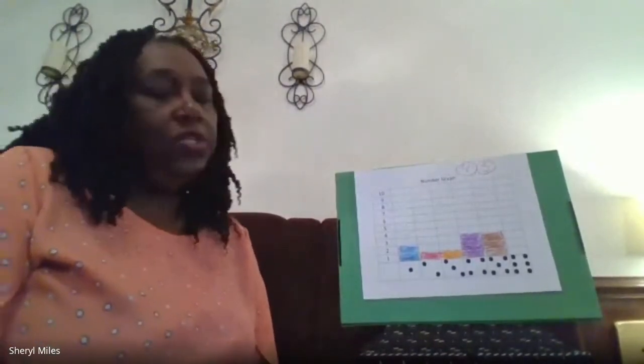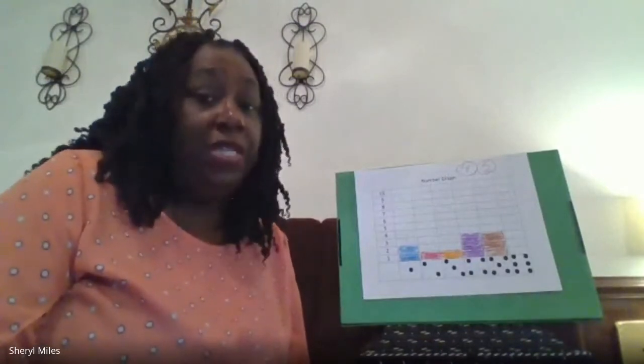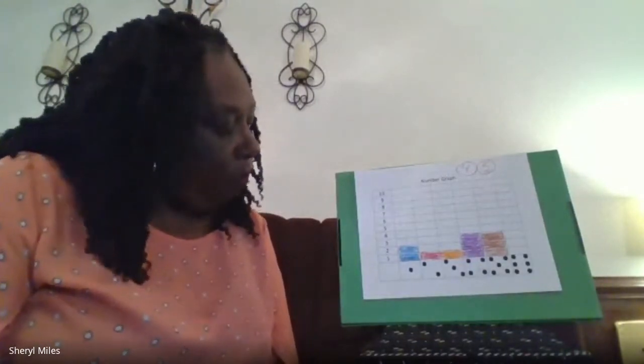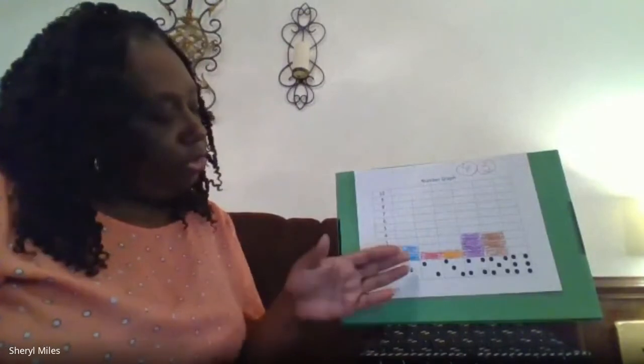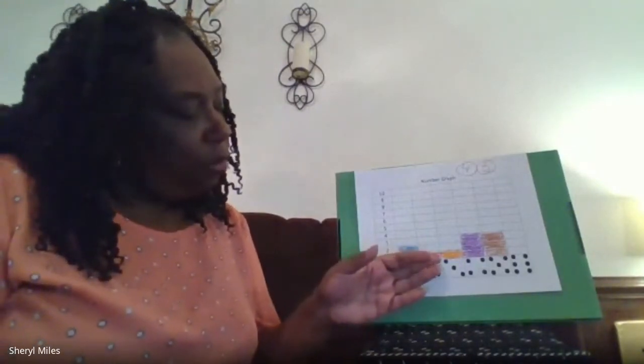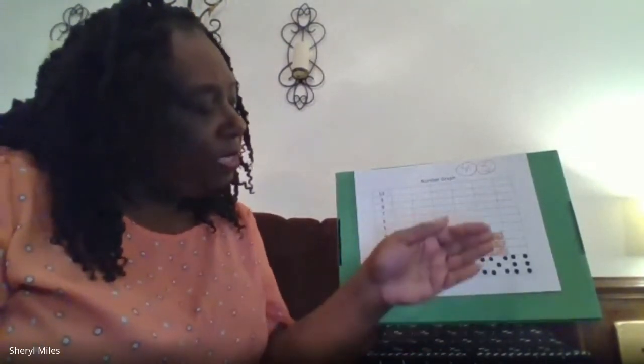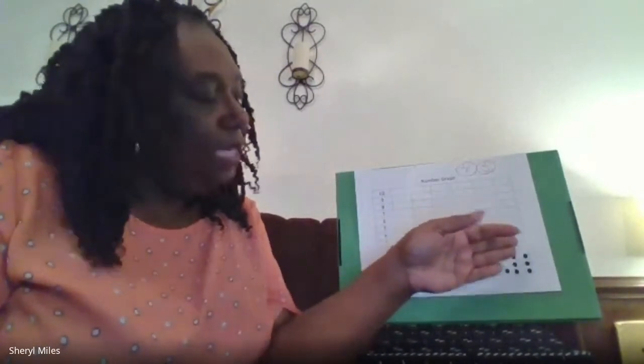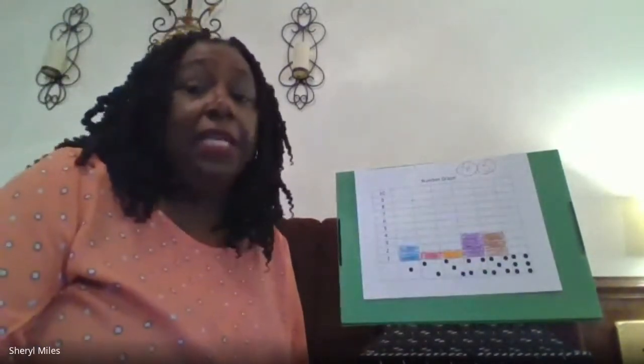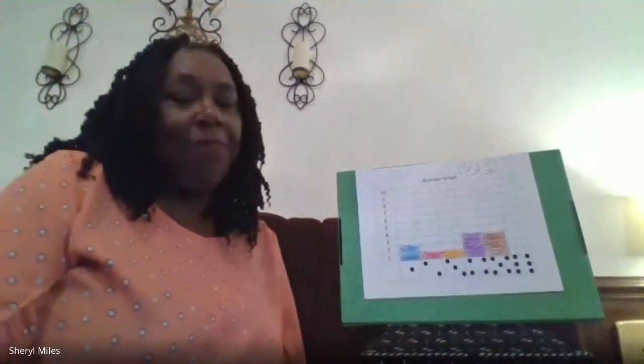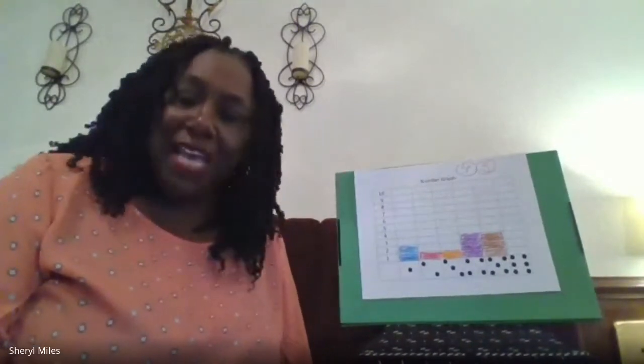That question is, what number came up the least? Let me look. Got 2 here, 1, 1, 3 times here, 3 times here. 6 didn't come up at all. 0 times. So 6, because it didn't come up at all, came up the least number of times.